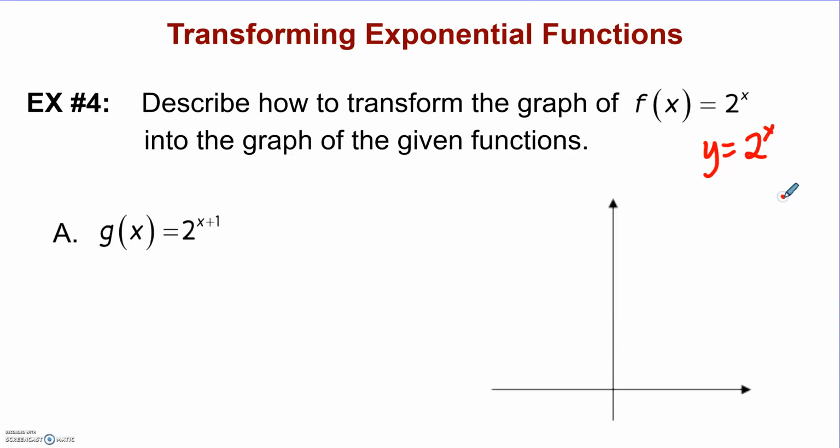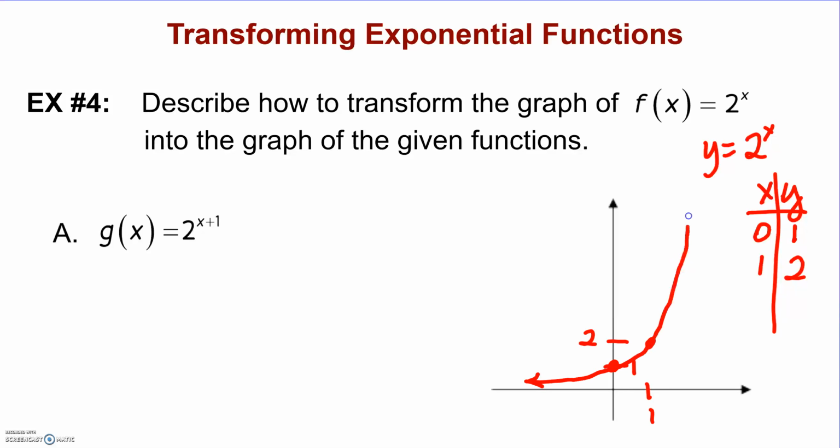That has values like 0, 1. If you just think about an XY chart, when x is 0, 2 to the 0 is equal to 1. If x is 1, 2 to the first is 2. So those are two good points right there, 0, 1 and 1, 2. And we know that that's an exponential growth curve, so it's going to look something like that.